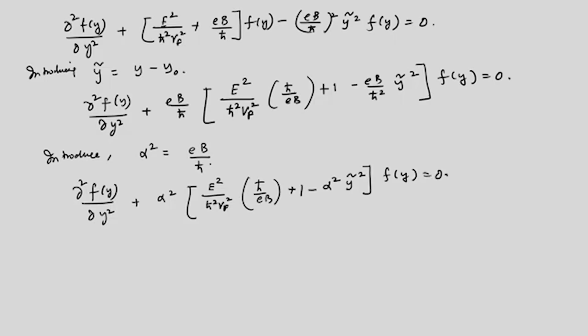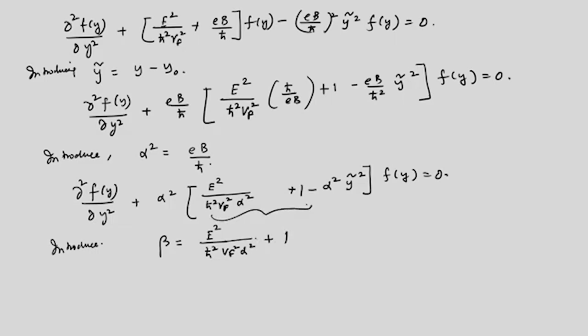So inside the square bracket let us introduce another variable, beta, equal to e² divided by ħ² v_F², and this is actually divided by α². So this α² should go down, which I forgot to write there, and plus 1, let us call that beta.